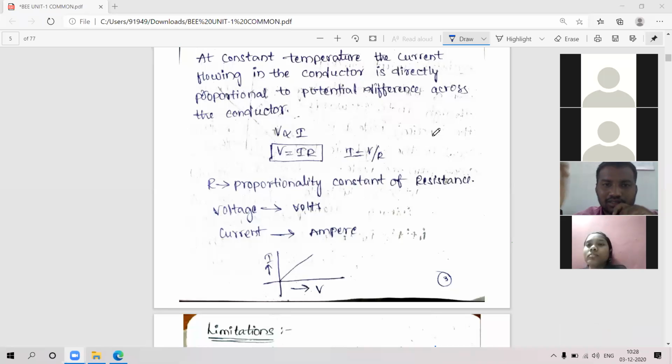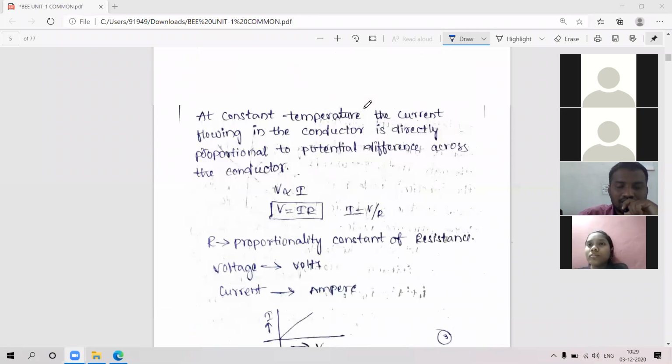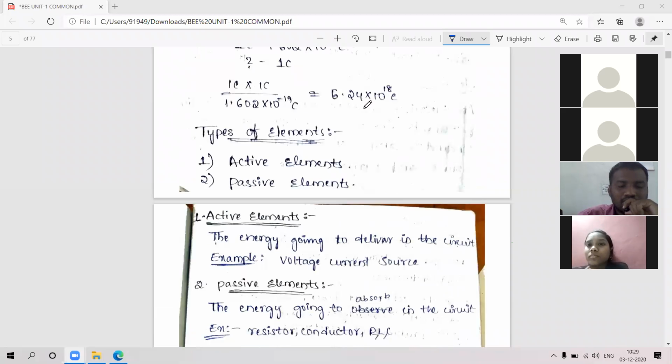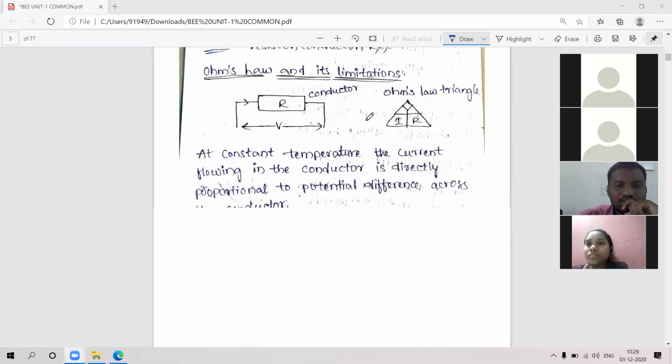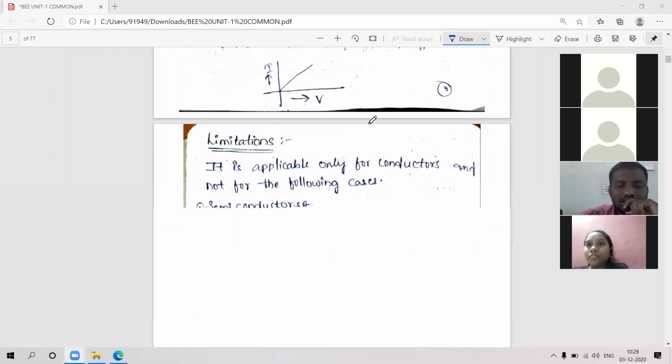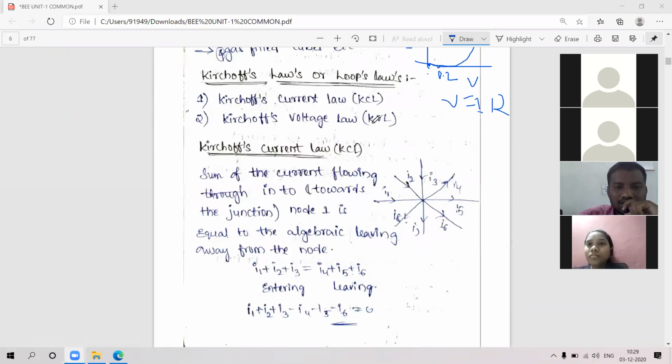Addition of electrons means it will become negative charge. Addition of protons means it will become positive charge. And also we have seen Ohm's law. So these are the things we discussed today. Tomorrow we will go with Kirchhoff's voltage law and Kirchhoff's current law. I will share the notes after completion of about 50% of this unit.